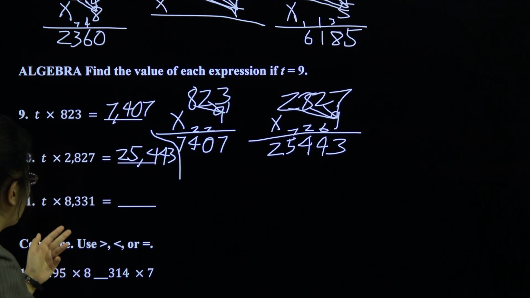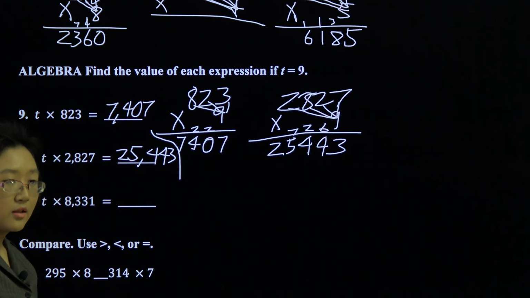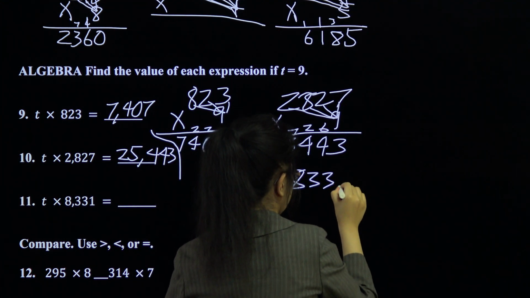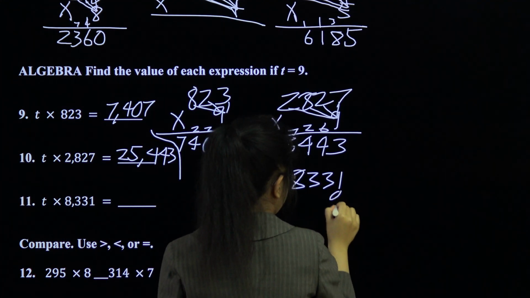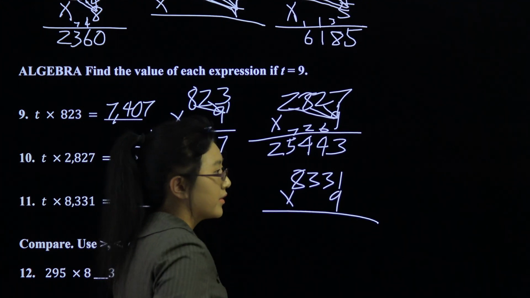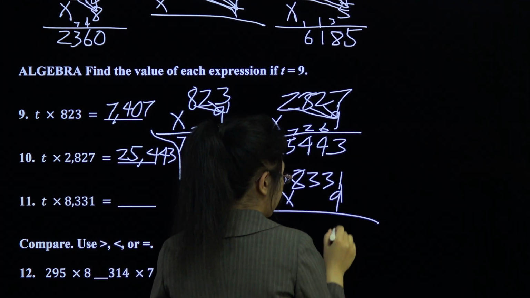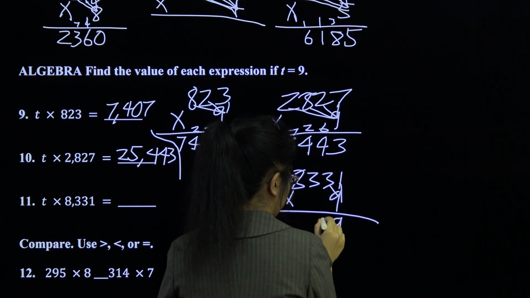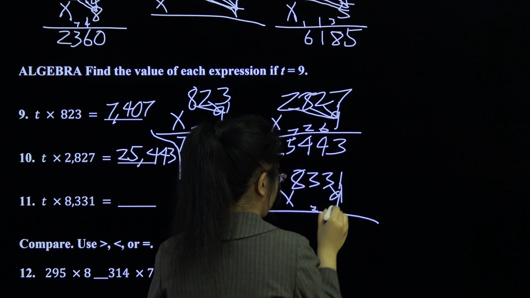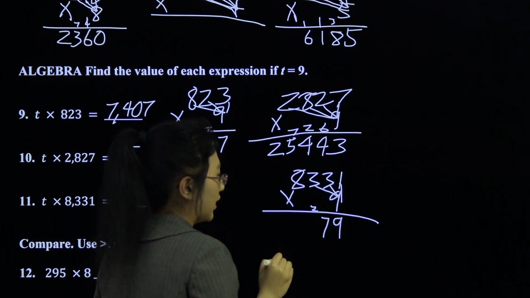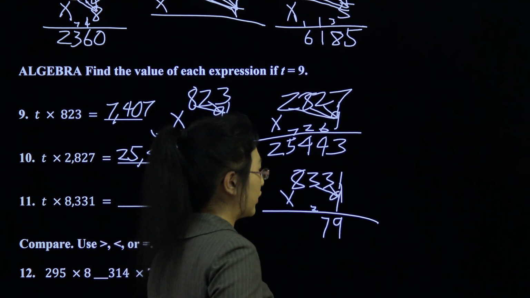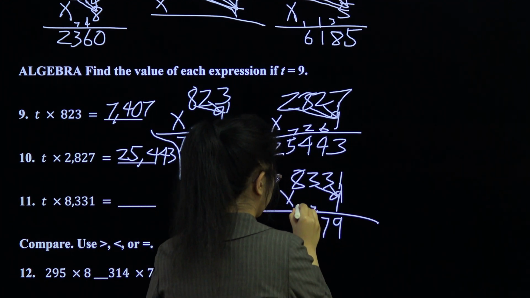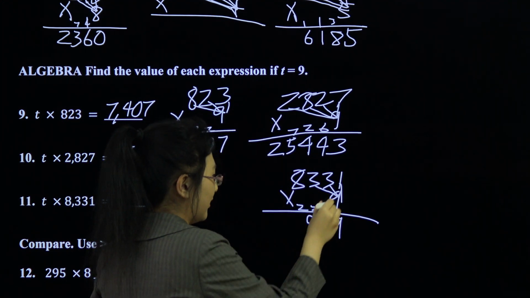For t times 8,331, t is still equal to 9. We get 9 times 1, ones place, 9. 9 times 3, tens place, 27. 9 times 3 again, hundreds place, 27 plus 2, the regrouped 2, 29, regroup the 2 now again.